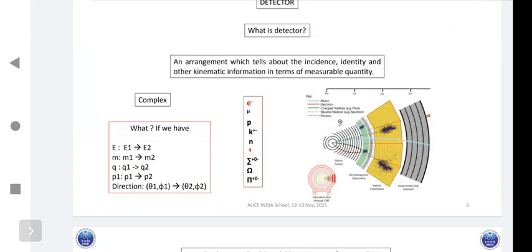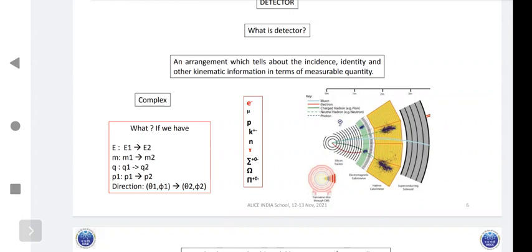Okay. Then at the beginning, these lines represent a tracker. In this tracker, there is basically an arrangement of magnetic field and electric field. When a particle passes through it, it will bend slightly and leave some information to get the momentum and the direction information. Okay. And then followed by this is an electromagnetic calorimeter, as I was talking about on the earlier page, and after that, a hadronic calorimeter.